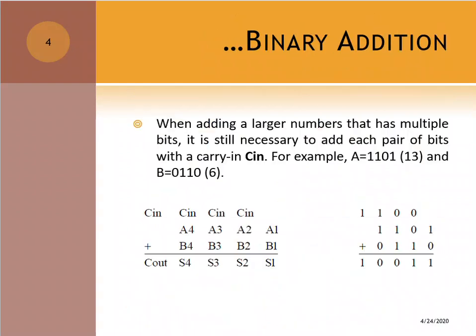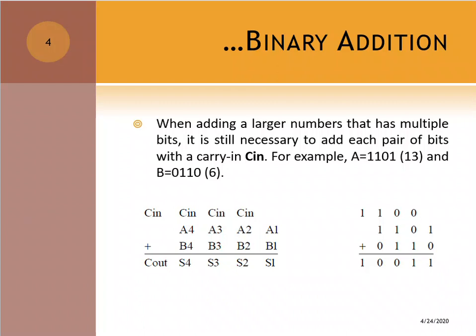So if you see from here, let's say 1 plus 0, the sum is 1. The carry out will be the C in for the next. And then 1 here, sum 0 here. So the C out from here will be C in for the next column.